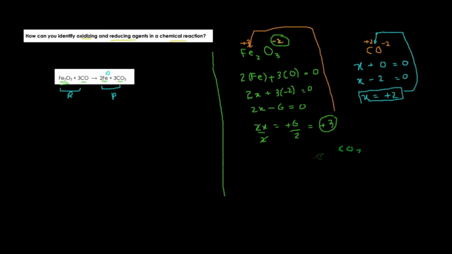We have two atoms of oxygen. We are going to find out the oxidation state for the carbon atom. So you can write carbon plus two atoms of oxygen. So you will write 2 multiplied by oxygen, that is equal to 0.